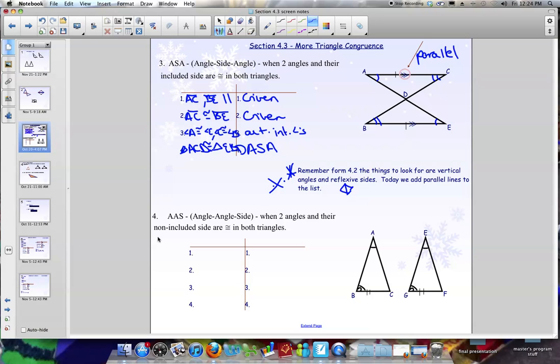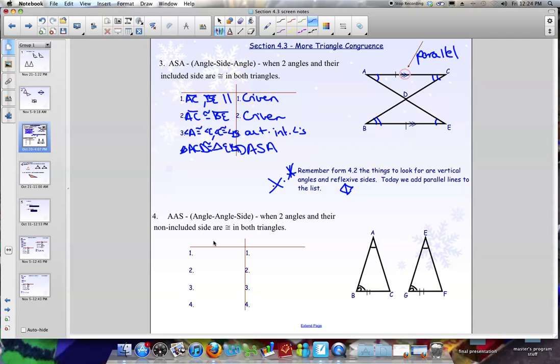They're called the non-included sides. So if you'll notice, I actually give you all three congruent pieces here. Notice where the side is in comparison to the two angles in the triangle. The side is not directly in between the two angles, but instead outside of the two congruent angles. That's what allows you to use angle angle side instead of angle side angle.